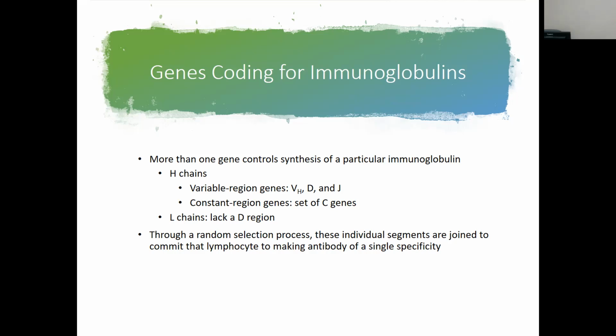There's a variable region, which has V, D, and J, VDJ. The constant region is C, okay? The light chain lacks the D region, so it's not there. So the light chain would only have who? V and J.